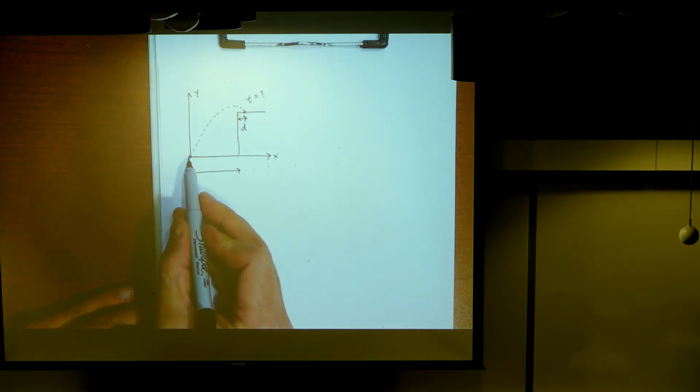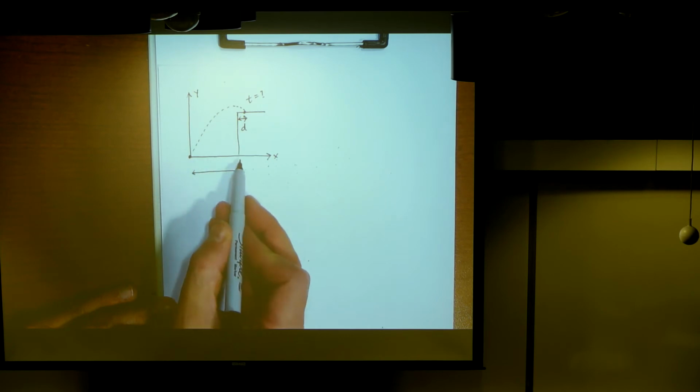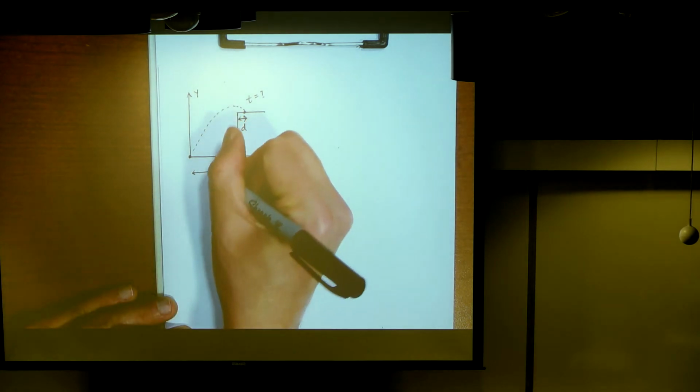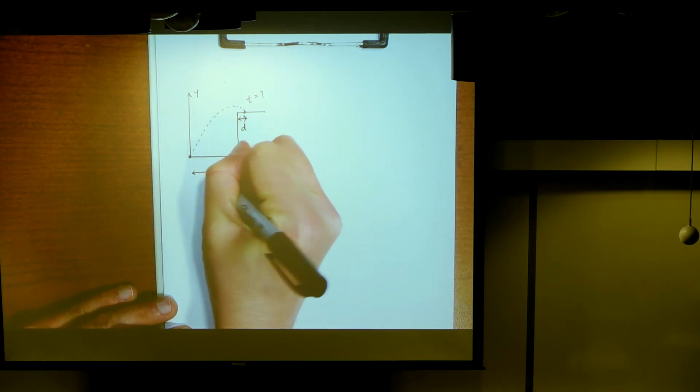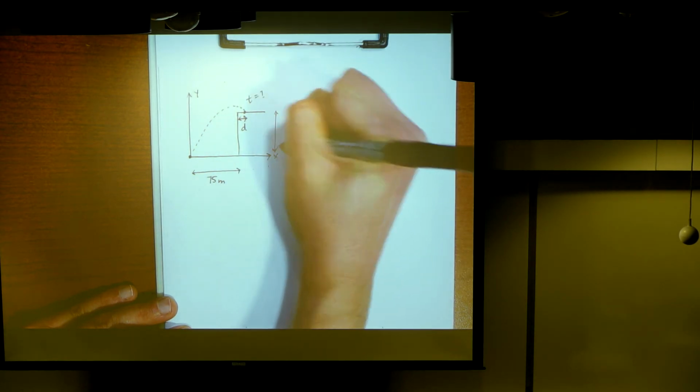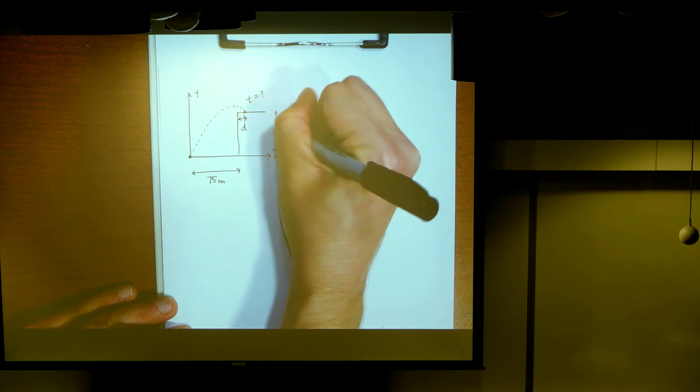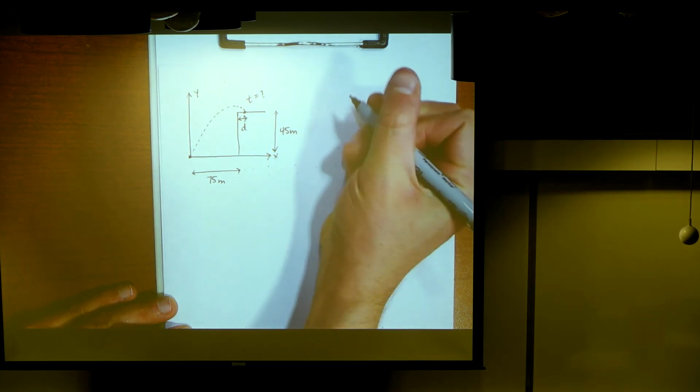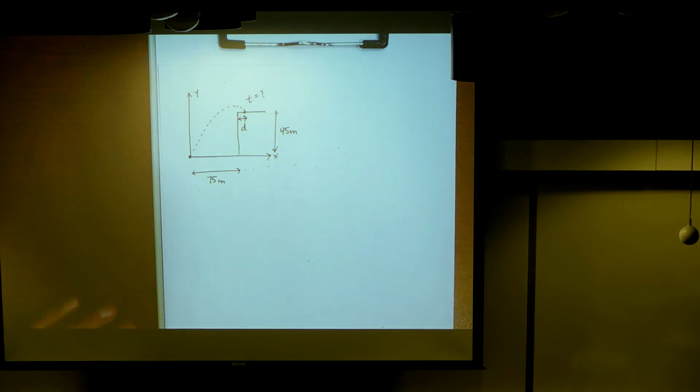The distance between the starting point and the base of the office building right here, that's 75 meters. And then the height of the building, which I'll point out right here, is 45 meters. Okay? So we're going to do a little bit of work to just set the stage.